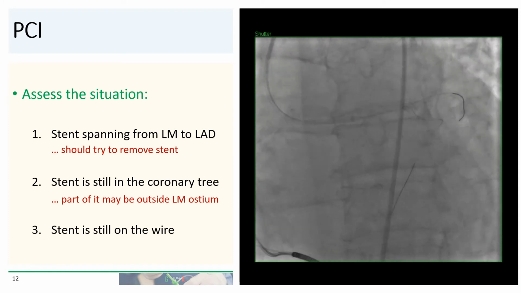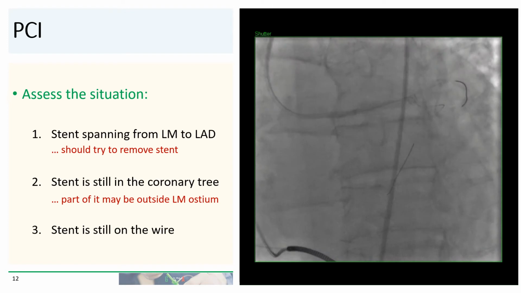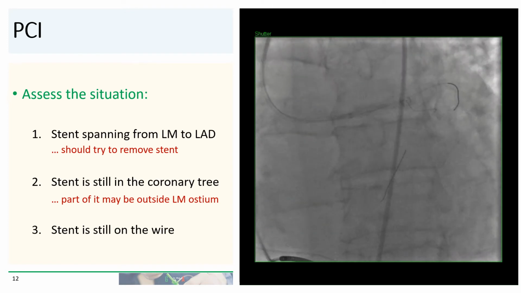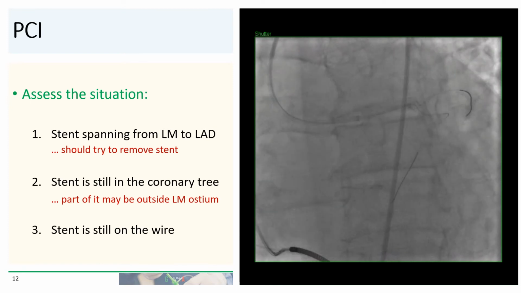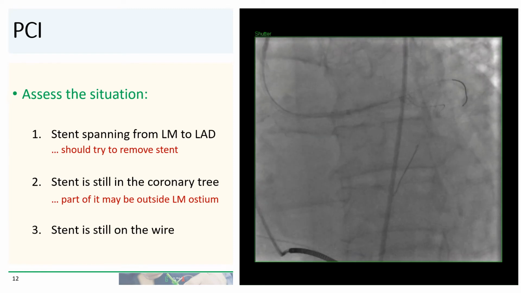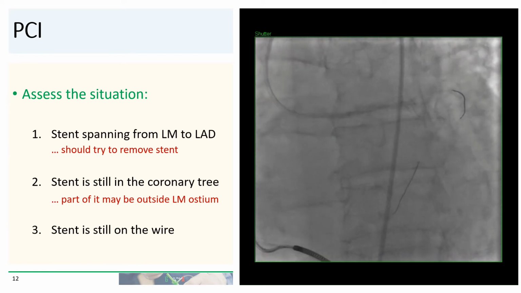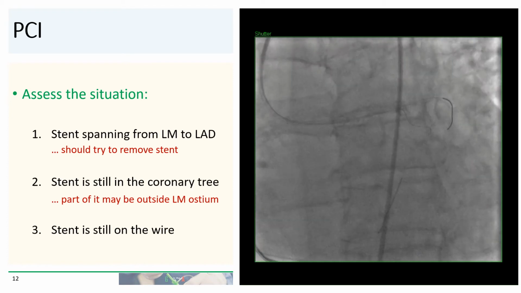We have a dislodged stent from the left main into the LAD, clearly not an ideal position. So we thought that we should at least try to remove the stent. The stent is in fact still in the coronary tree, but part of it may be just outside the left main ostium, and the stent is still on the wire.